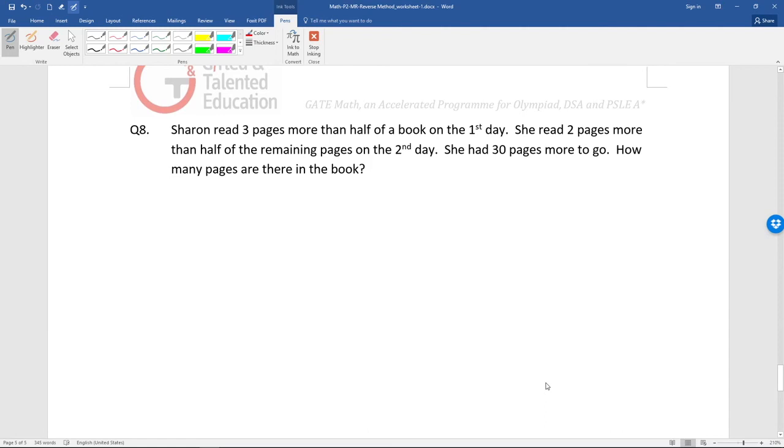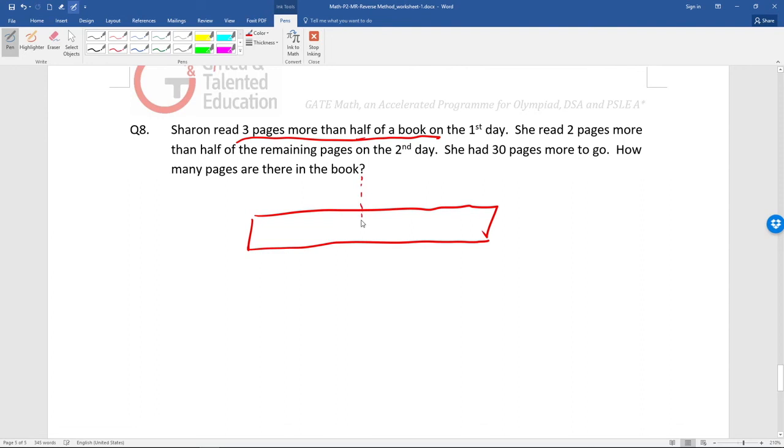Question 8. So, Sharon read 3 pages more than half of a book on the first day. So suppose this is Sharon's book. So she read 3 pages more than half, and this is half of the book. Half. So Sharon read another 3 extra pages.